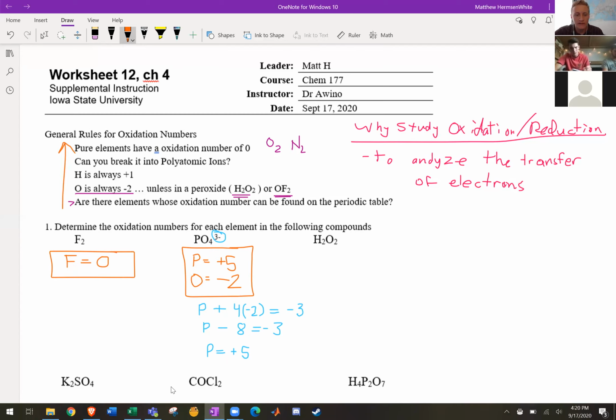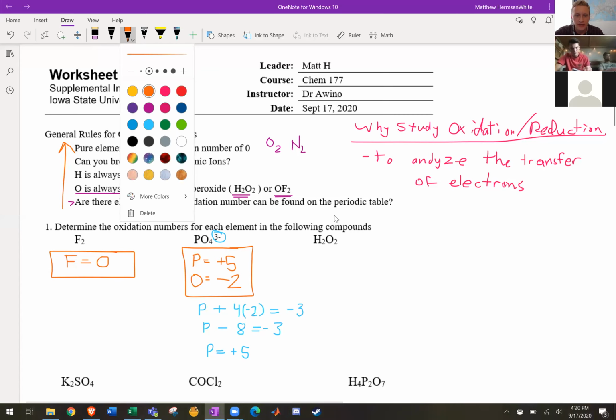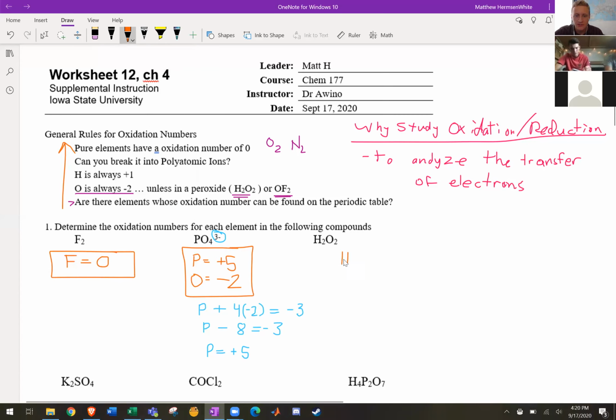Let's do one more, and then I'll let you guys try to do these next 3. So we have H2O2, so we have H and O. Let's look at our hierarchy of rules up here. Coming down, we get to hydrogen. Hydrogen is always +1, so we're going to write that down.